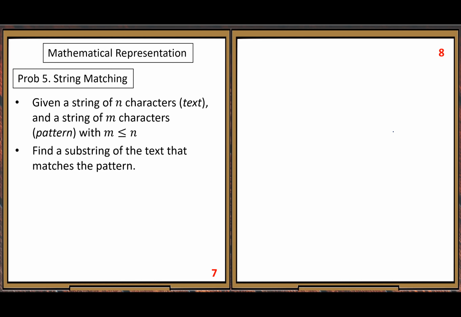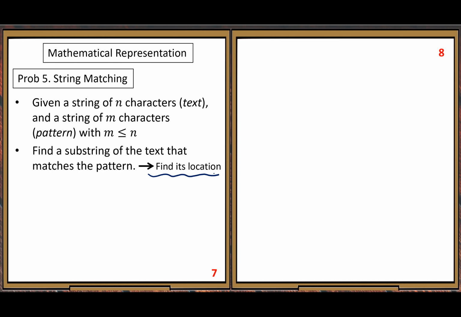Here, the brute force method, I guess everybody can apply the brute force method to find a solution. Here, we do discussion, but we need to work on the mathematical representation first. So the solution means you need to find the location of the substring that matches the pattern.